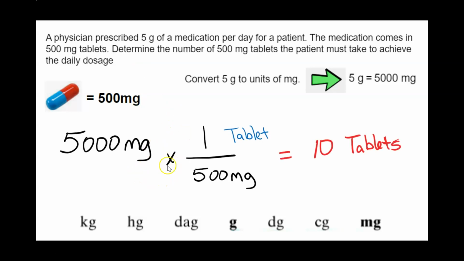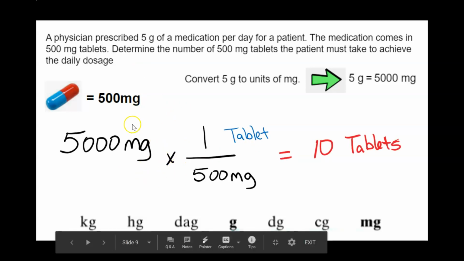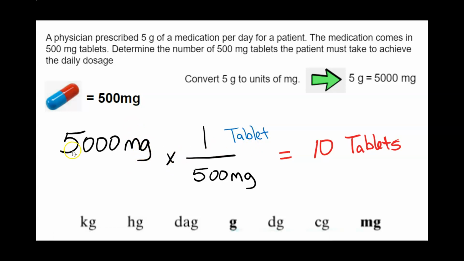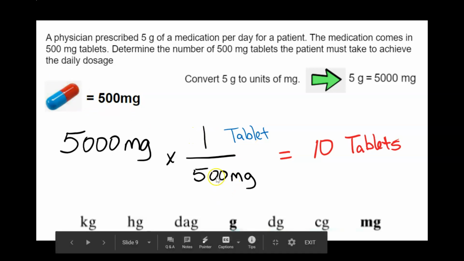So once again, if we do the cross method, because we're trying to convert the milligrams into tablets, we know that 5,000 milligrams is going to be converted using the relationship they have here: one tablet is equal to 500 milligrams. So you have one tablet on top, 500 milligrams here. You see that this one here is diagonal to this one. That's why they cancel out.